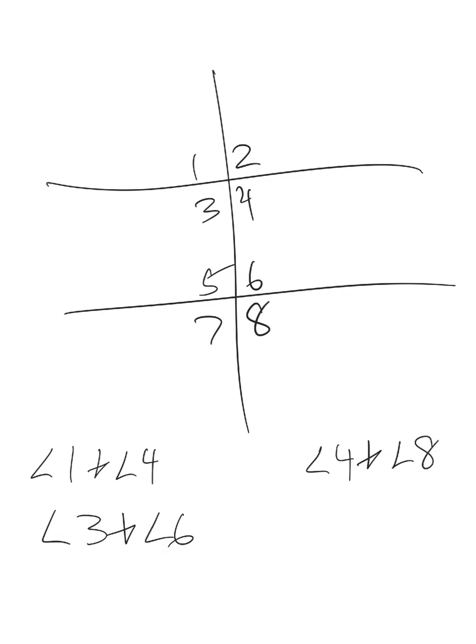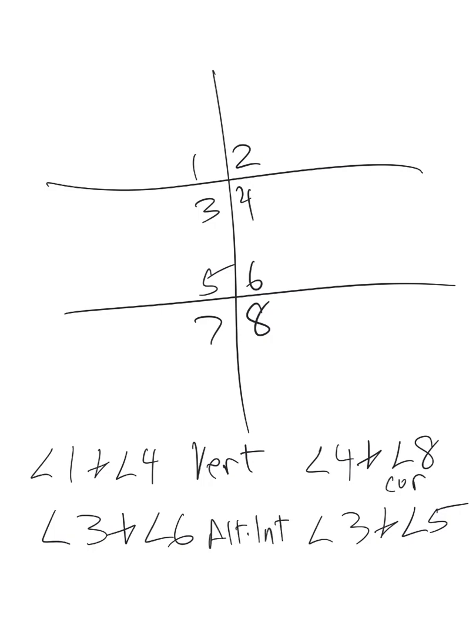And angle 3 and angle 5. Okay, angle 1 and angle 4 are vertical angles. 3 and 6 are alternate interior angles. 4 and 8 are corresponding. And 3 and 5 are consecutive.